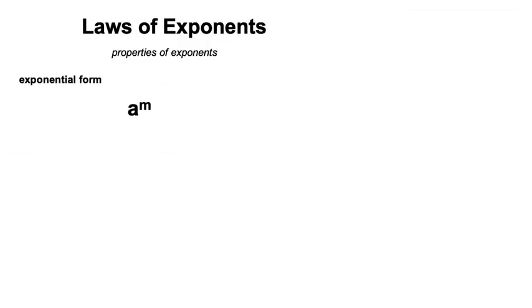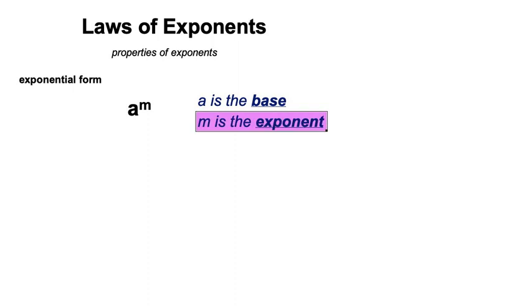Okay. In our laws of exponents, exponential form, we're going to say a raised to the m power. We like to think of this where a is called the base. Now, we've talked about this before with our base 10 numbering system, and m is the exponent.